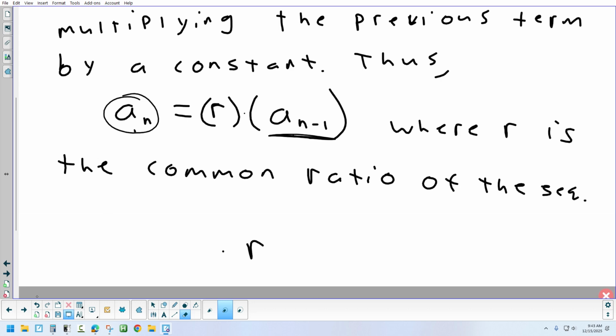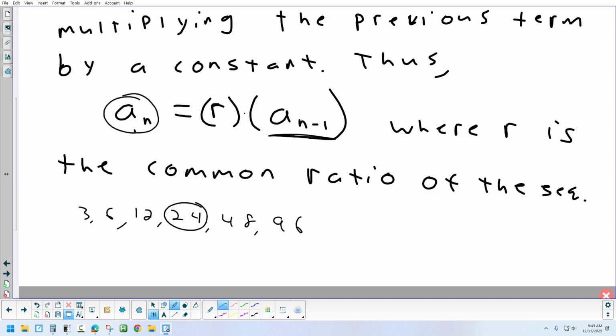Now again, it might seem kind of weird. It's kind of like, why do we use the term common difference when we're really adding each time? So why do we use the term ratio? Ratio makes you think of a fraction when you're multiplying. Well, look at this pattern. Let's take a term and divide by the one that comes immediately before it.